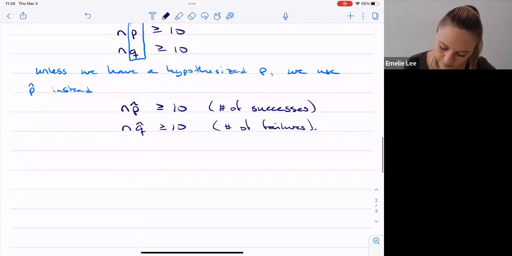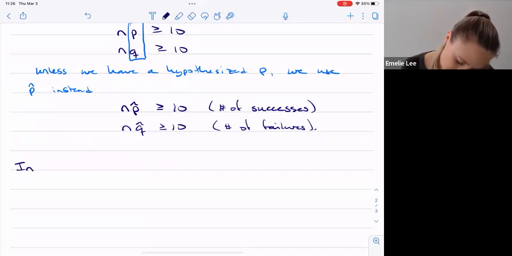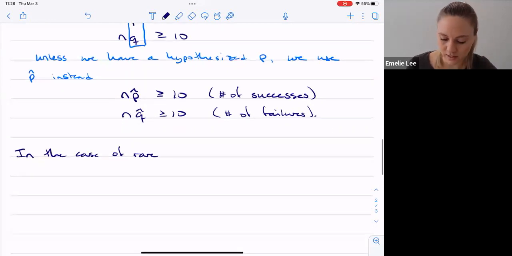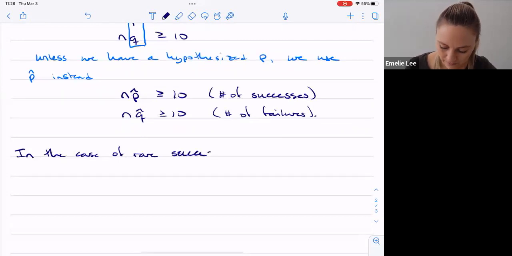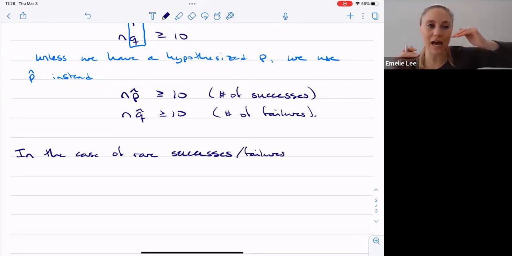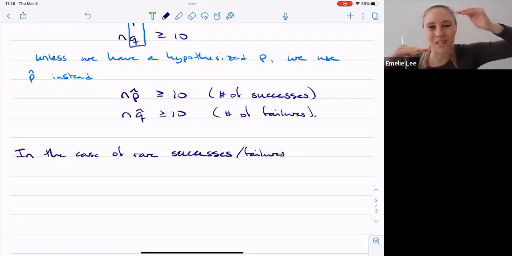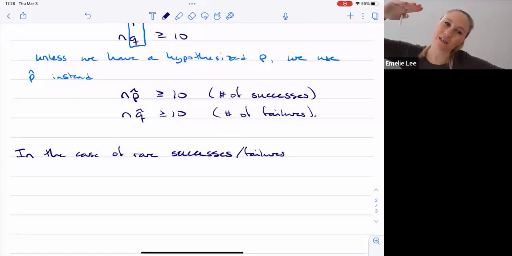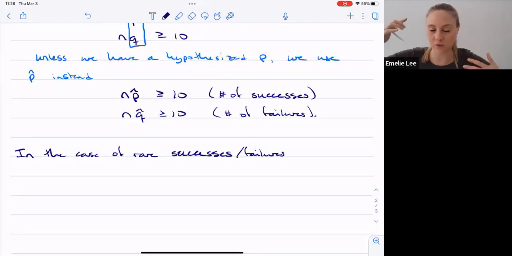So in the case of rare successes or failures, it doesn't matter if p hat increases. So if p hat is really high, then q hat is of course the opposite of it. So it would be really low. And if the probability of success is really low, then the probability of failure is really high, right?